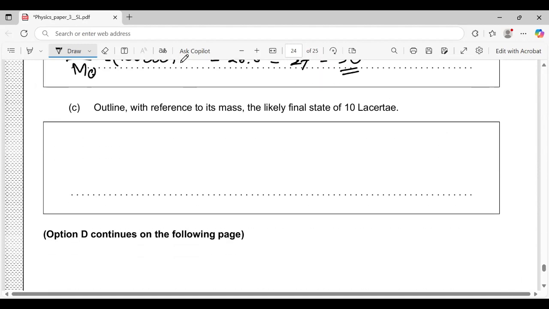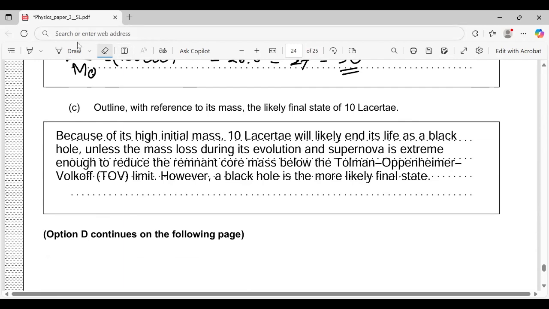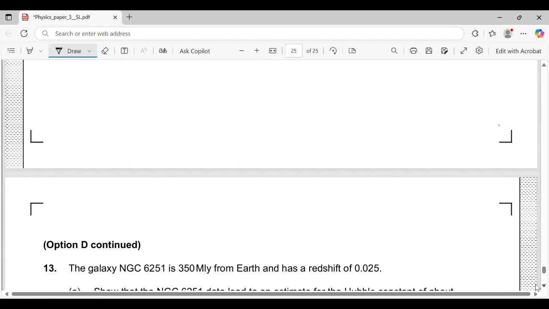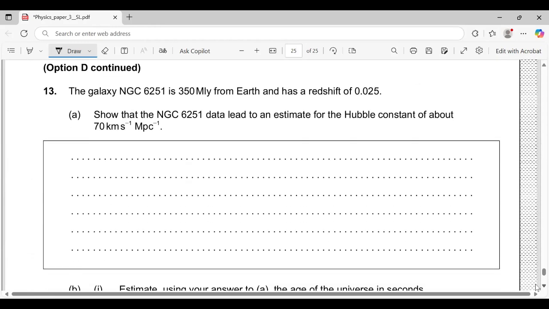Outline, with reference to its mass, the life-cycle of 10 letter T. I have provided my answer for this question. Next question. The galaxy NGC 6251 is 350 million light years from Earth and has a redshift of 0.025.